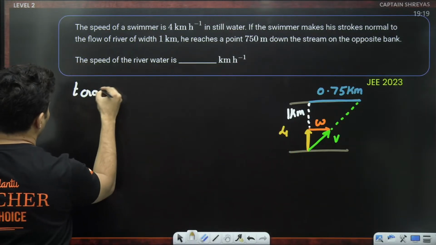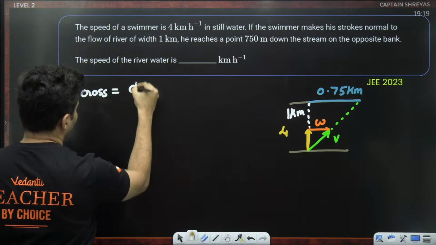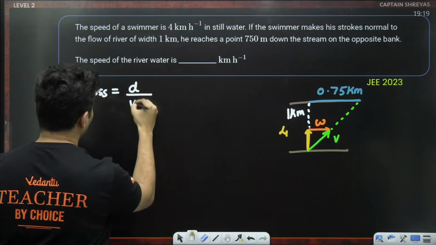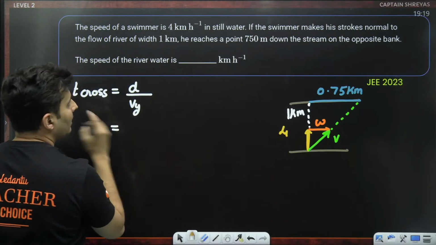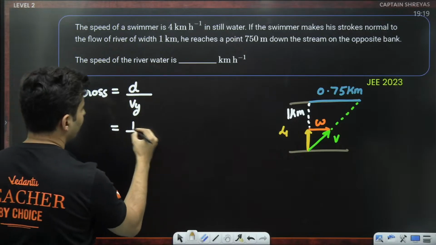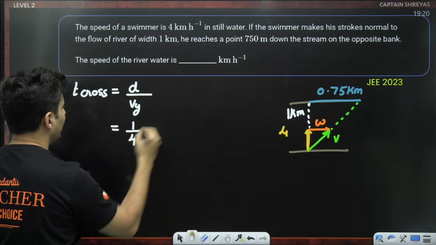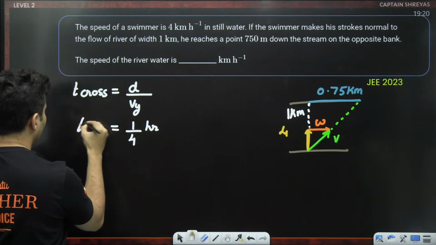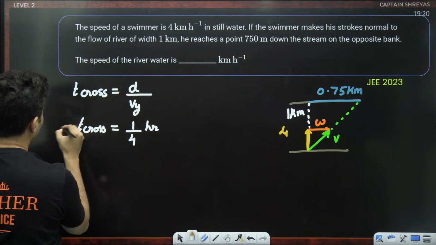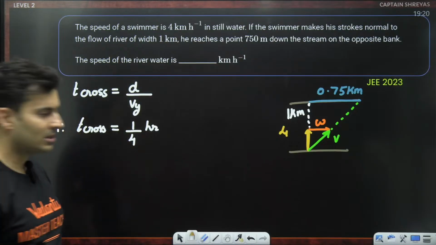The time taken to cross is the distance between the banks upon the vertical velocity. Distance is 1. Vertical velocity is nothing but 4. So it is 1 by 4 of an hour, basically 15 minutes.